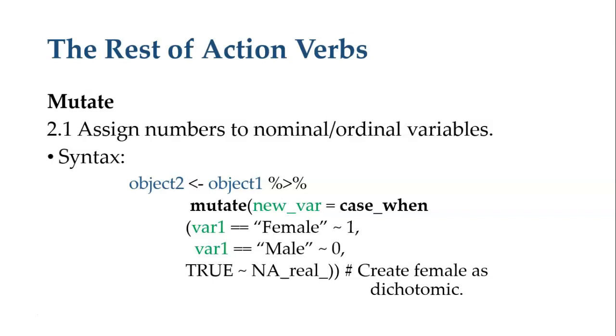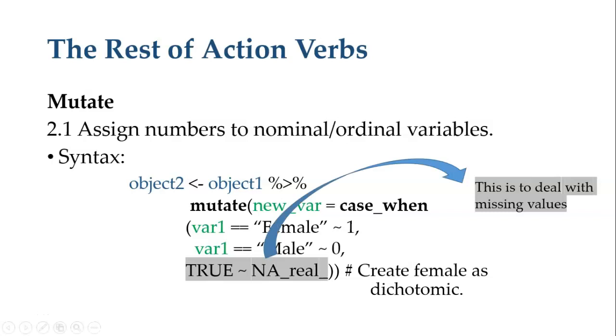So variable one in this example is gender, right? Gender has usually female and male. So I want to say that I want to create a new dichotomic variable called female that takes the value of 1 if variable 1 was female and 0 if variable 1 was male, okay? We use this part that I'm highlighting here because sometimes you have missing values. When you have missing values, you are telling the system to assign an NA to those values, okay?